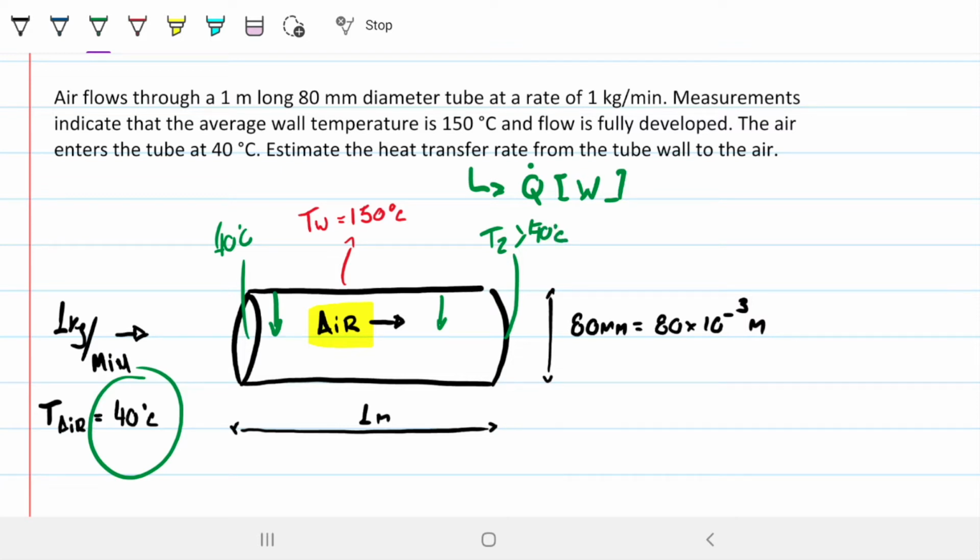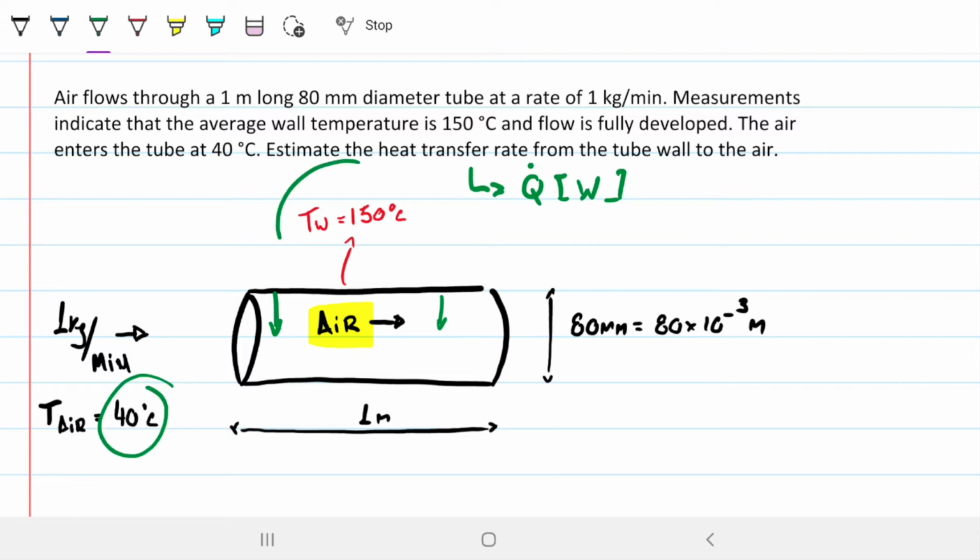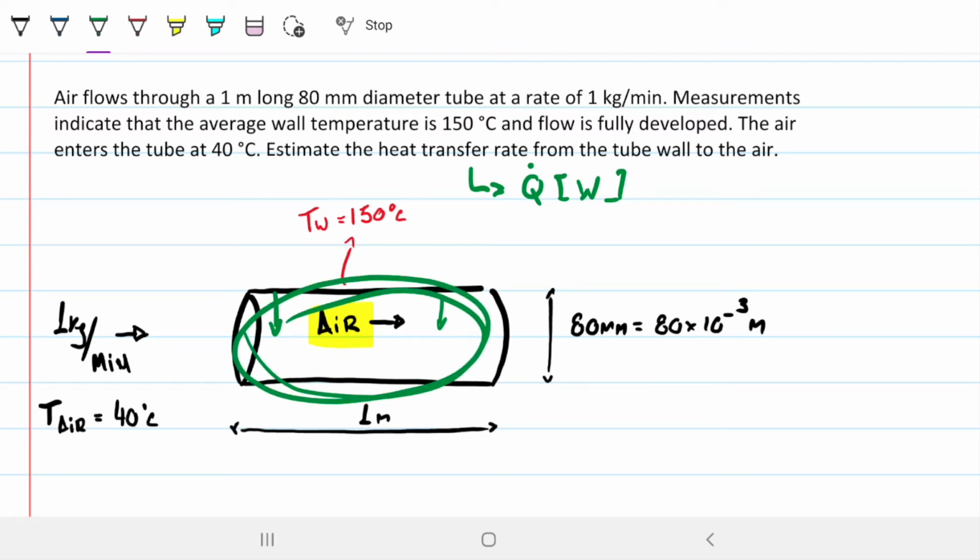We don't know the outlet temperature as of yet, so what we can do is grab the bulk temperature, that is the mean temperature between the inlet and outlet, and with that we can find properties that are theoretically closer to what we're actually having in our situation, something closer to the bulk temperature of the air inside this tube.